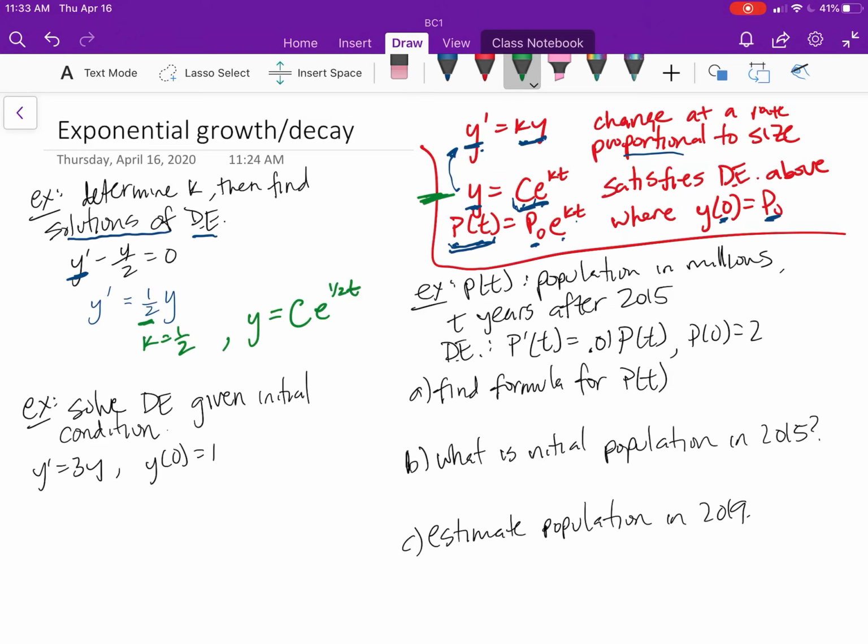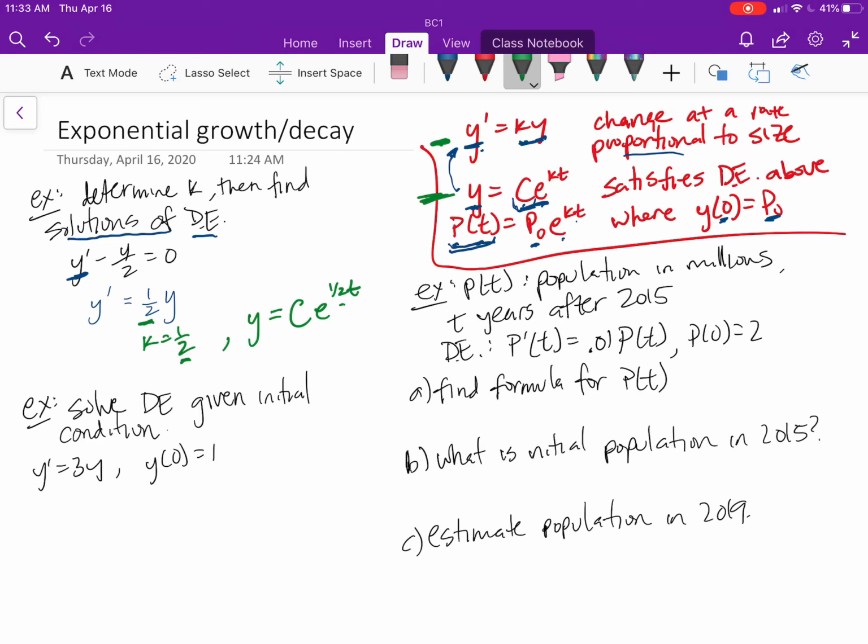Okay, that's it. Again, the question sounds more confusing than it really is. Get it in the first line form to figure out your k, and then plug in k in the second line. In some problems, we'll actually get c, and that's what we're going to do next. So in the first one, we don't know. c is just left as c.